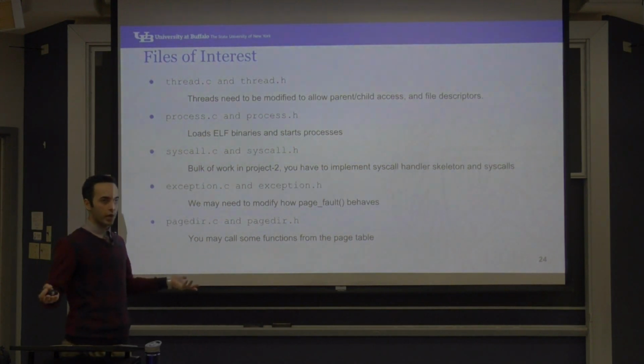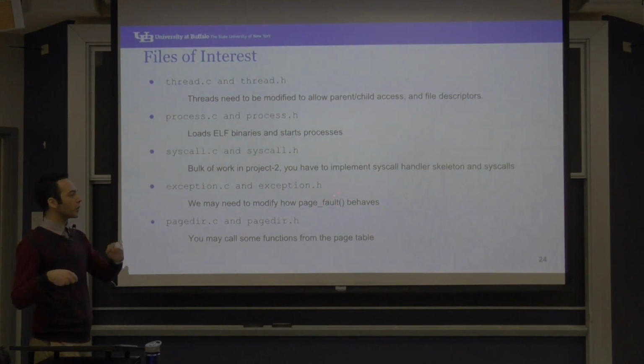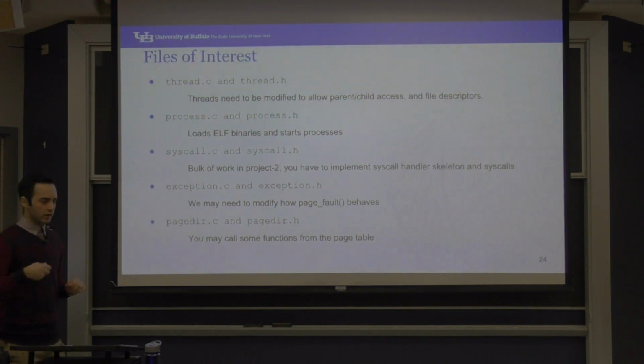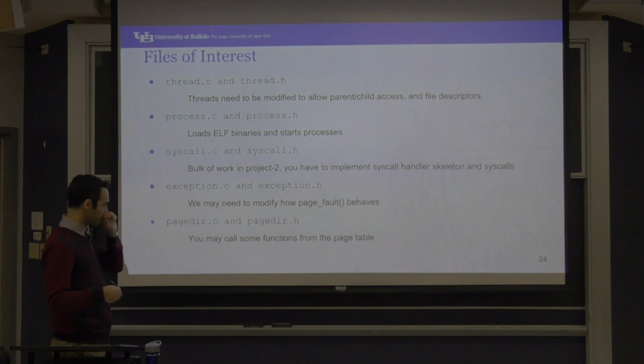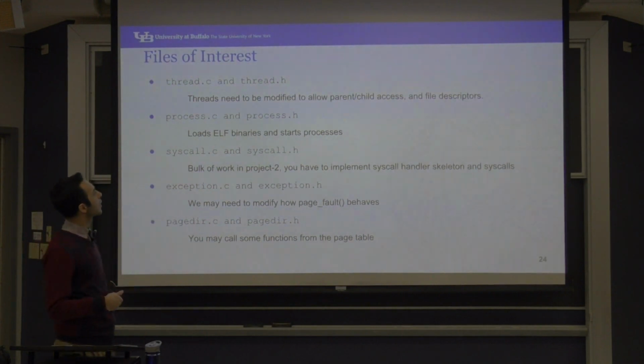Who tried to access where? What was the problem? So this will help you ease up one part of your project. And for the page directory files, you don't need to modify any of this, but you can read them and call some of those whenever you want to implement safe memory access.